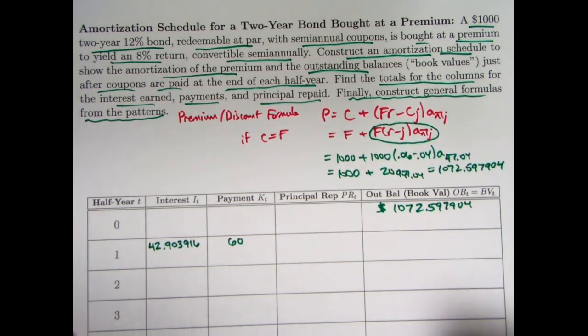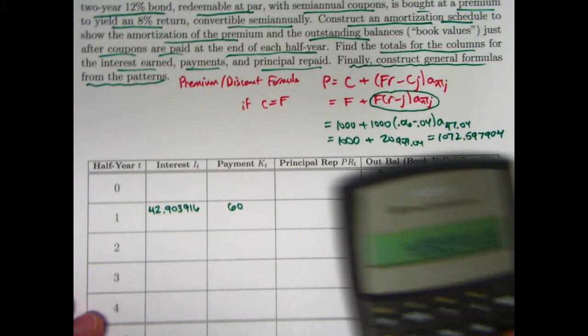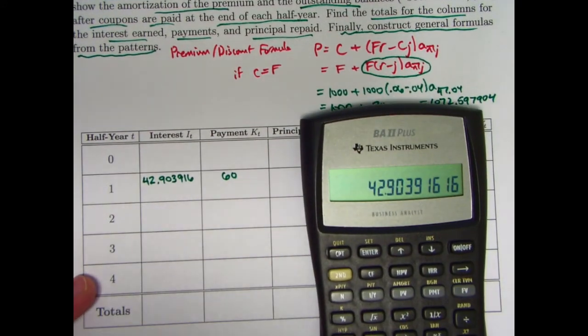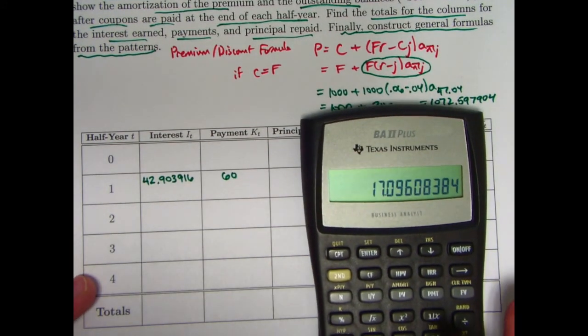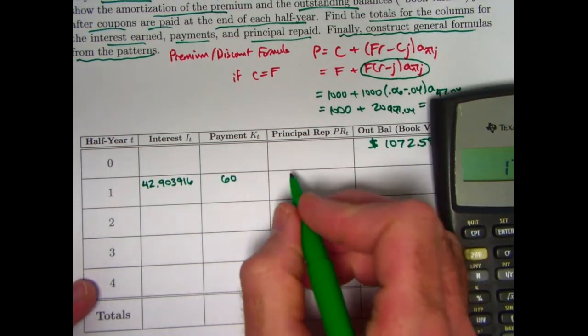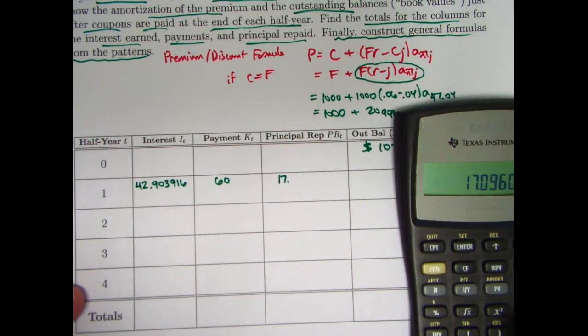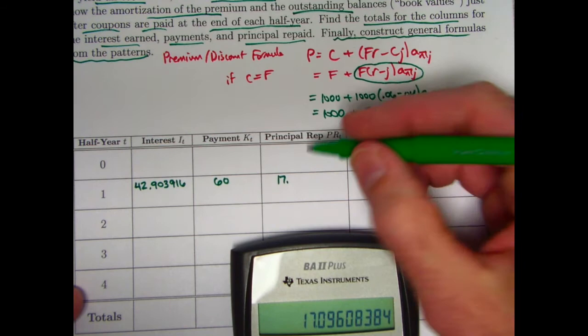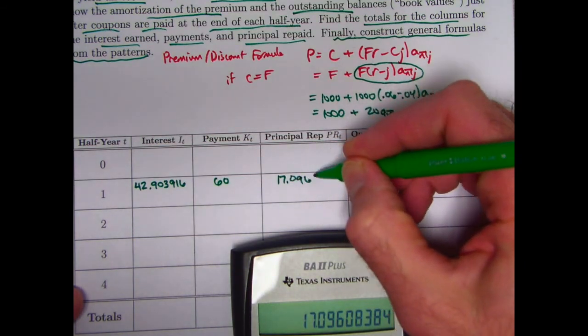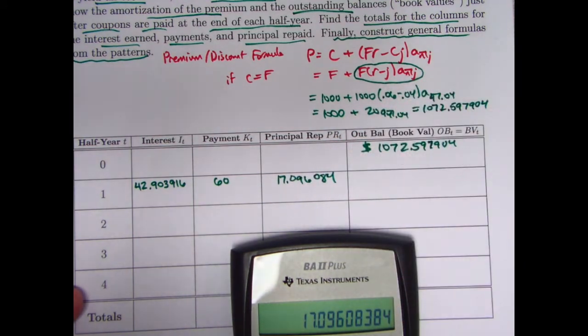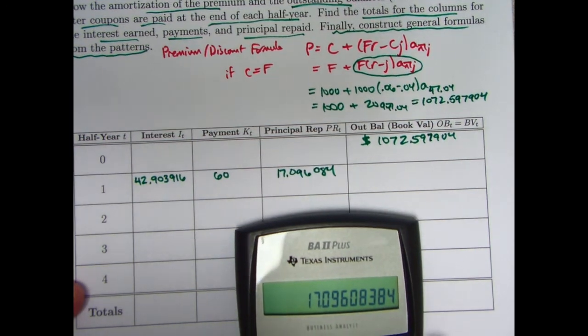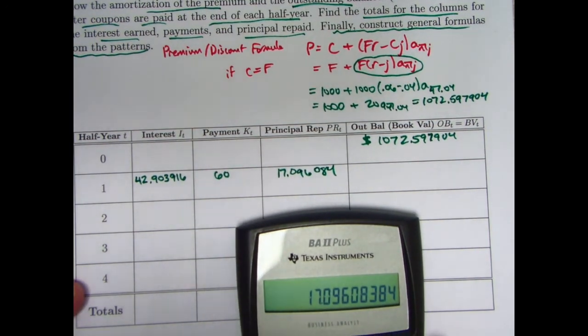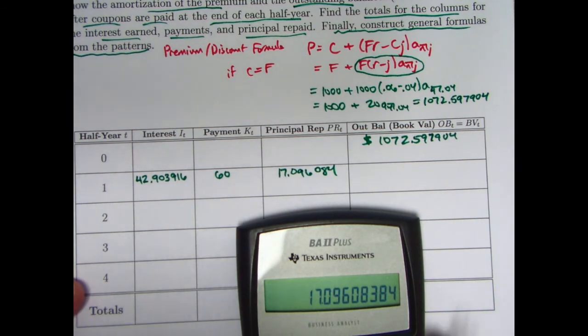That'll be the principal repaid at time 1. Subtract this from 60. $17.10. 17 point, let's carry 6 decimal places, 0.096084. 17.096084 is how much the principal or outstanding balance or book value gets reduced.